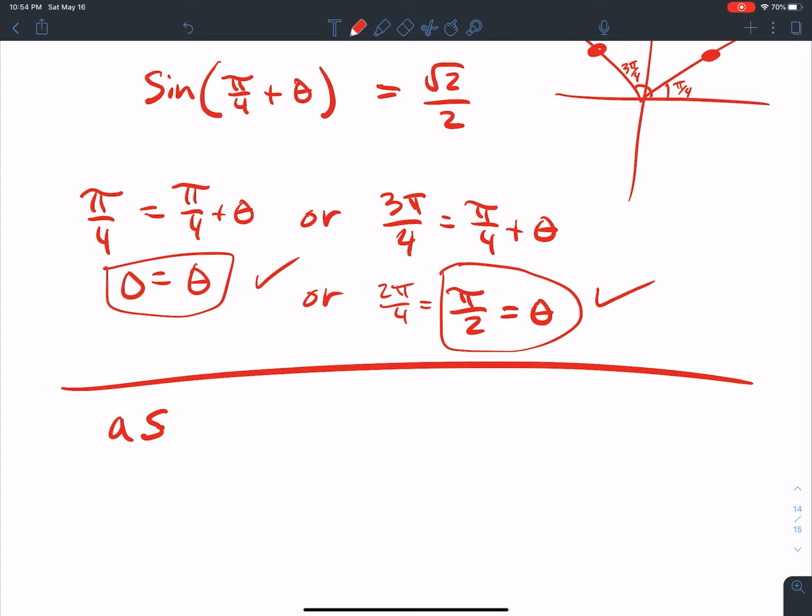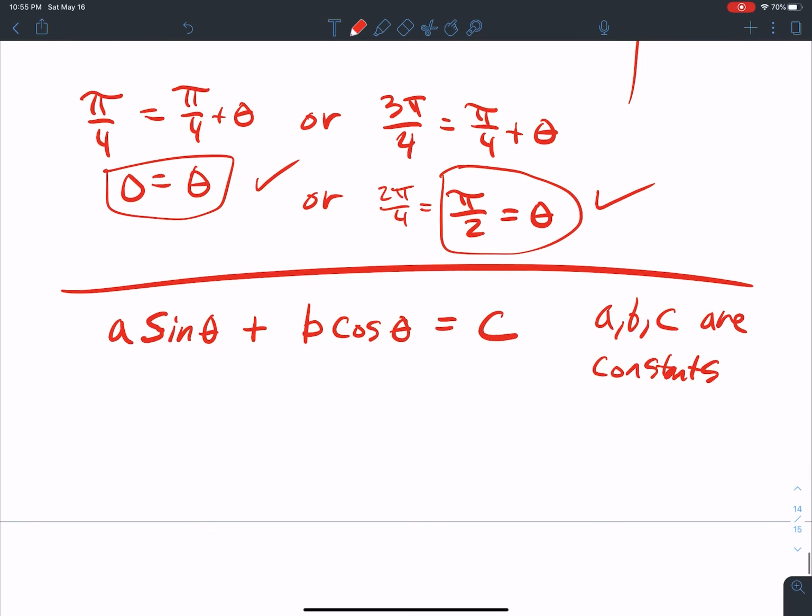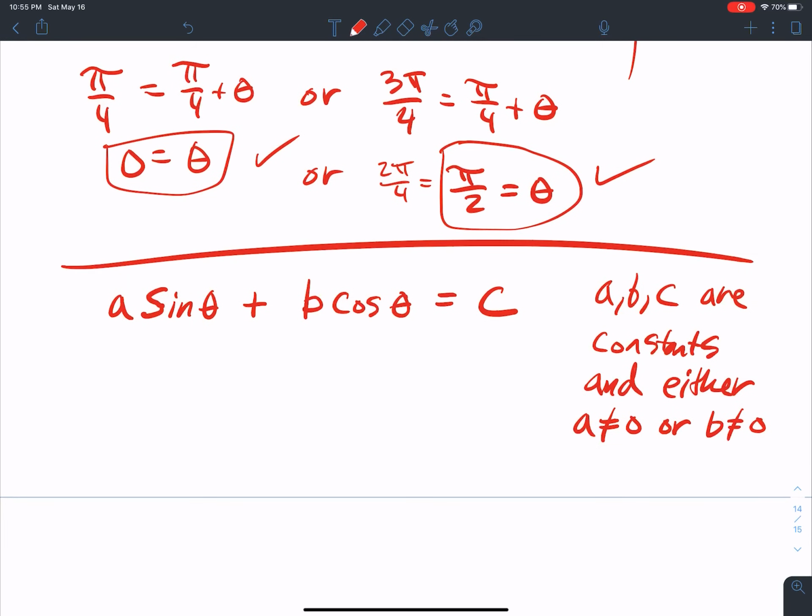In general, if I have a times the sine of theta plus b times the cosine of theta equals c, so a, b, and c are just numbers, so a, b, c are constants, and either a is not equal to 0 or b is not equal to 0. So as long as at least one of them is non-zero.